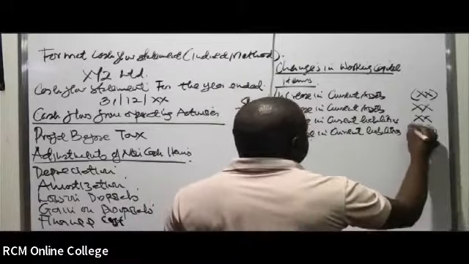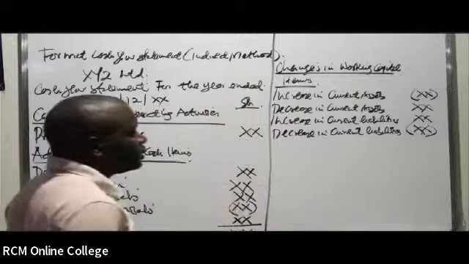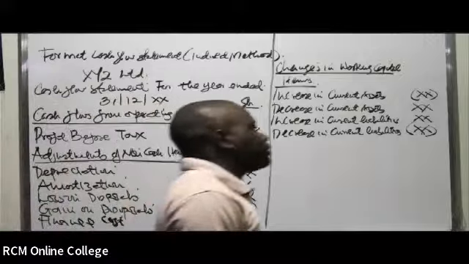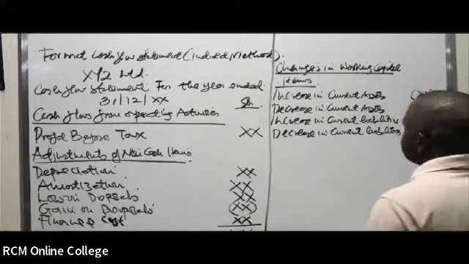A decrease in the current liabilities, you likely end up having to deduct. Probably it means you have incurred an outflow. So that's what will happen.